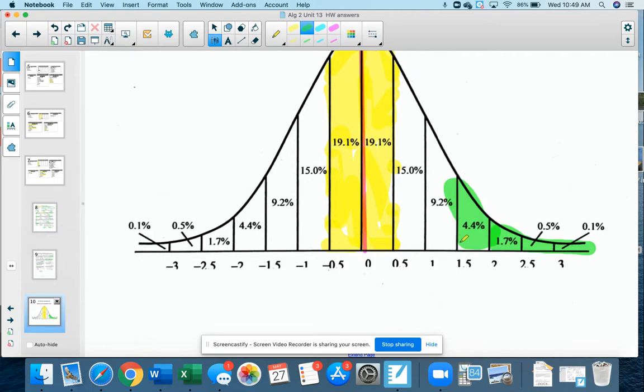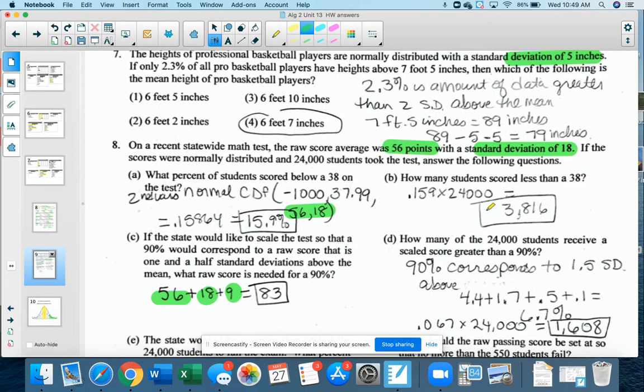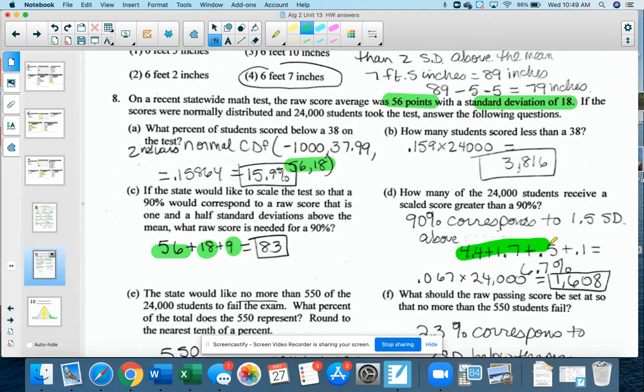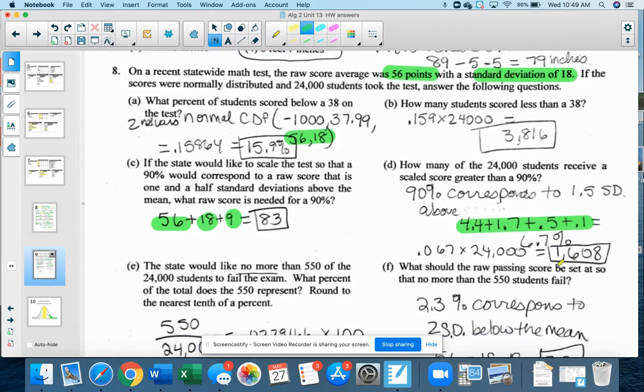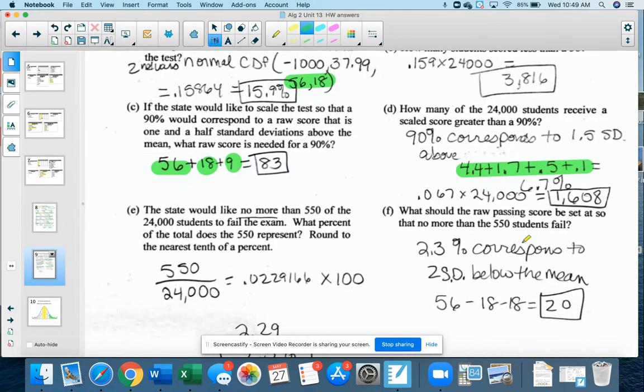This line is marking off 1.5 standard deviations. So anything above that, those numbers are all added up, and I'm talking about 6.7% of the people scored greater than 90%. So 0.067 times the 24,000 is 1,608.